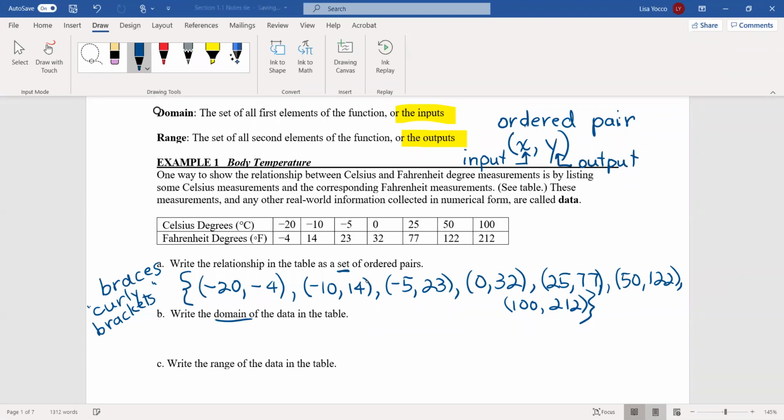Then it says write the domain. That's going to be the set of all the inputs. So again, for a set, I'll use that curly bracket. And I'm just going to pick up all of the inputs from the table.